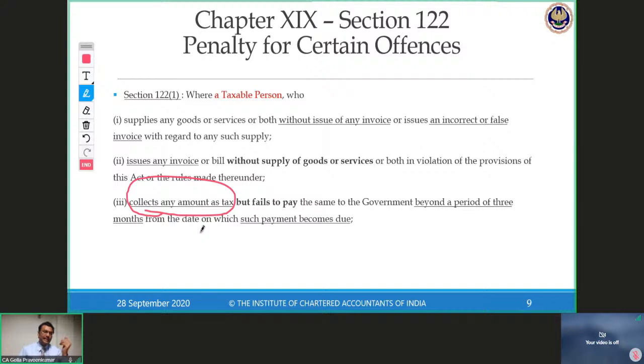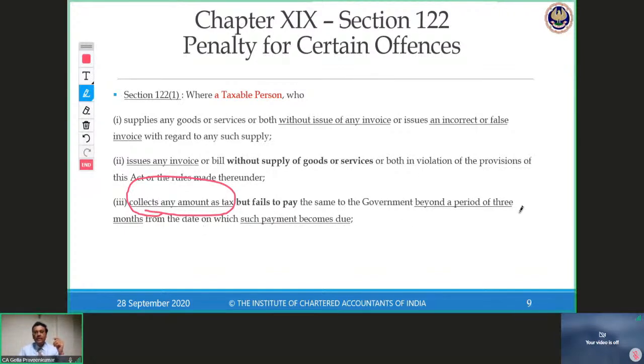Wherever there is a working capital issue, wherever you are doing your statutory audit, you will report to the management whether there were any tax disputes, any tax arrears, collection of EPF and remittance, collection of ESI and remittance, or GST which was collected but not paid. All these are transactions which come into this clause: collection of any amount of tax but failing to pay the same to the government.